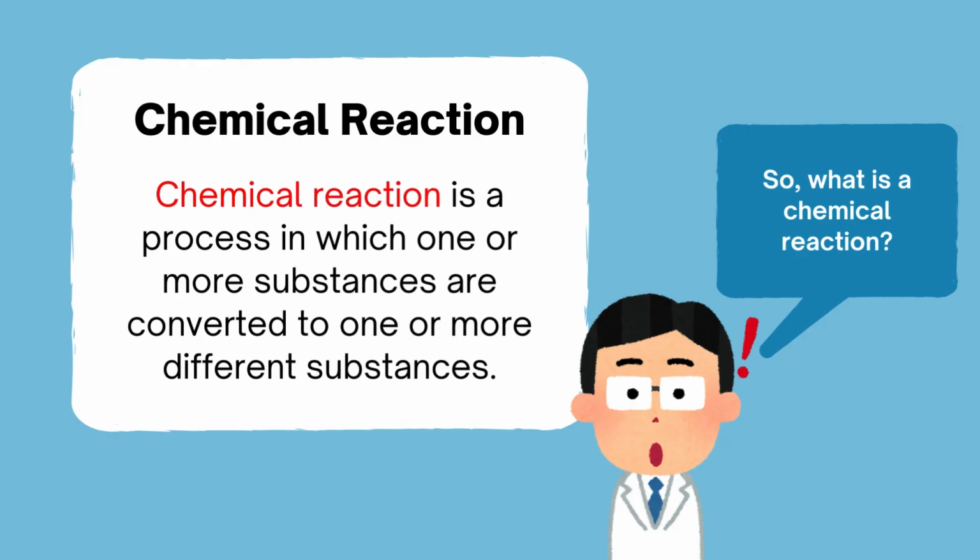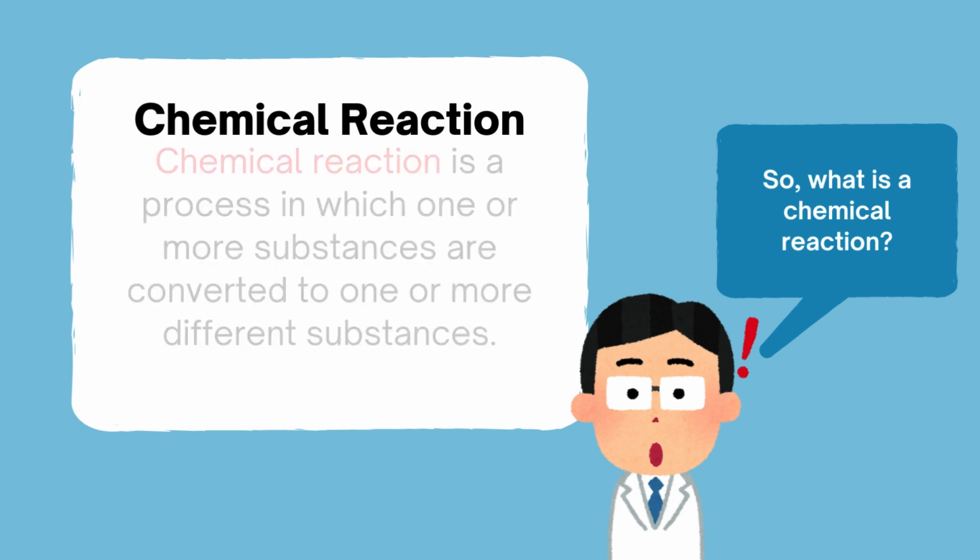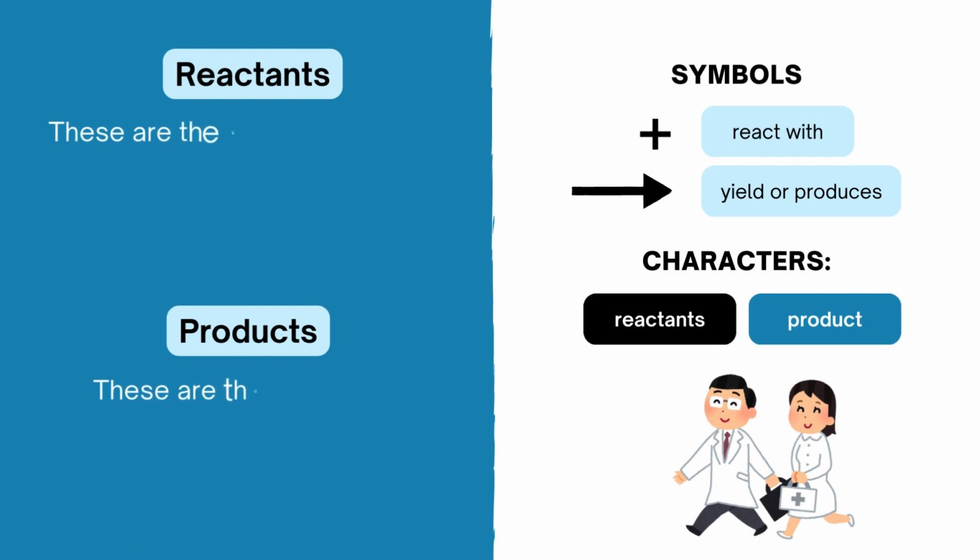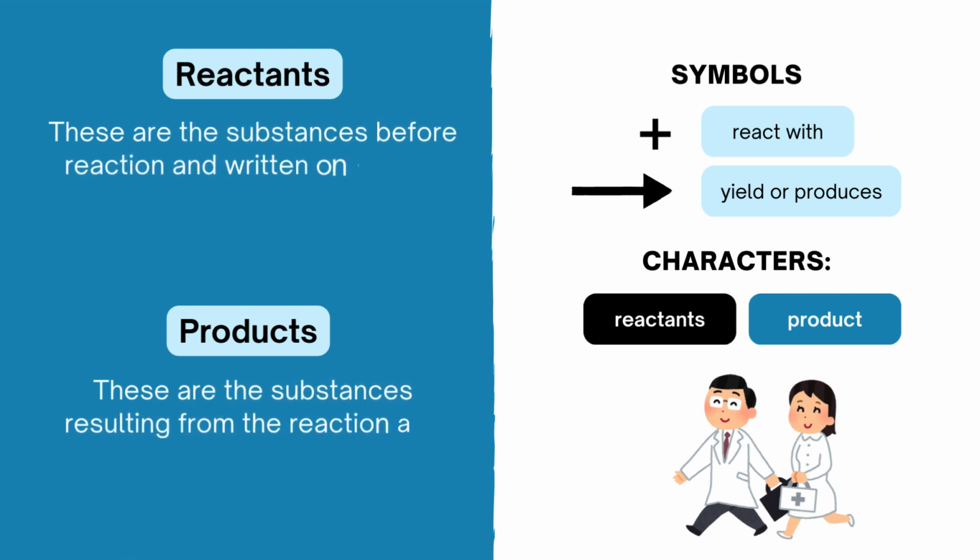Now let us discuss what a chemical reaction is. Chemical reaction is a process in which one or more substances are converted to one or more different substances. In understanding chemical reaction, there are two important terms that you should remember.